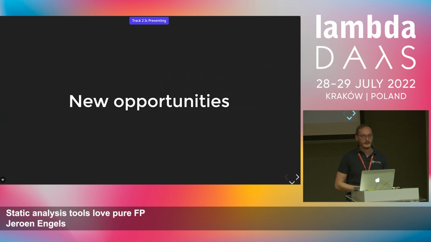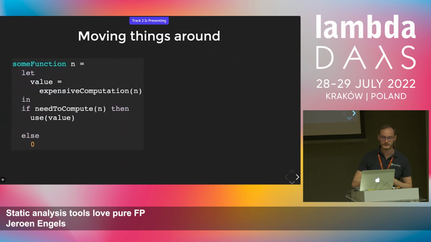When your language only has pure functions, it doesn't have side effects, it doesn't have mutation, it opens up new opportunities that would be so much harder to compute if you had them. And these checks are going to be very trivial compared to that. So for instance, we can move operations around.